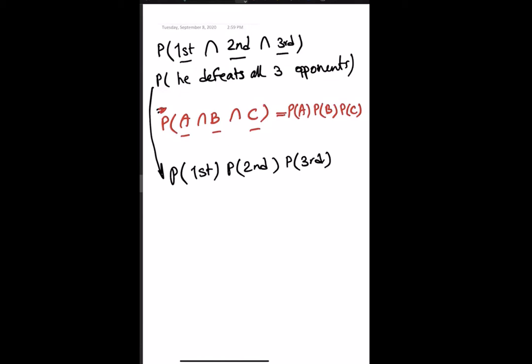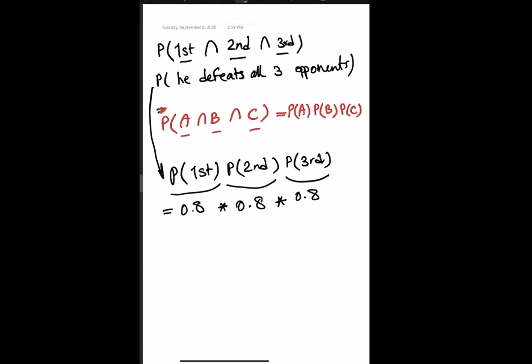So I just multiply these probabilities: probability of A, probability of B, probability of C. What is the probability that I defeat the first opponent? 0.8. The second? 0.8, and the third one would be 0.8 as well. So that will be the answer for defeating all 3 opponents.